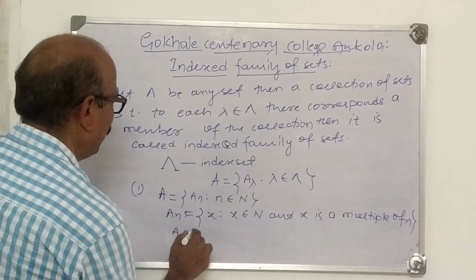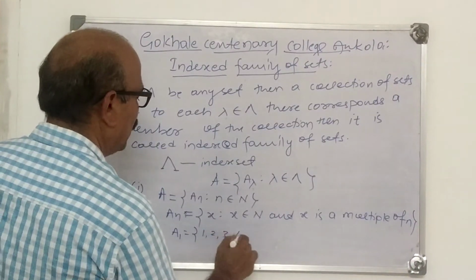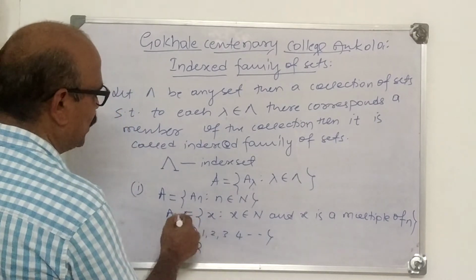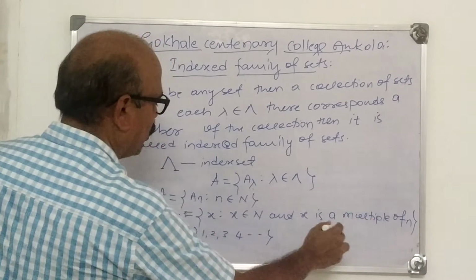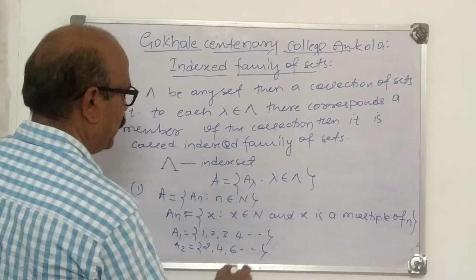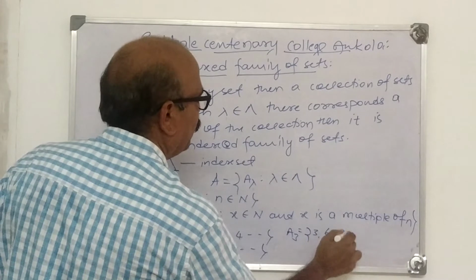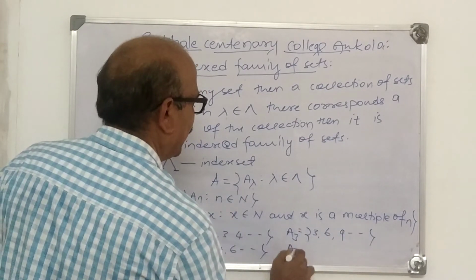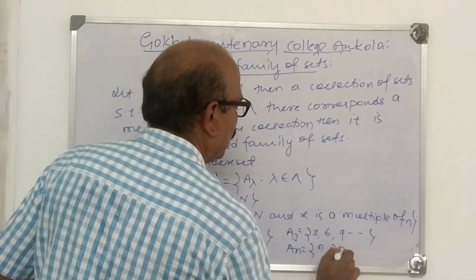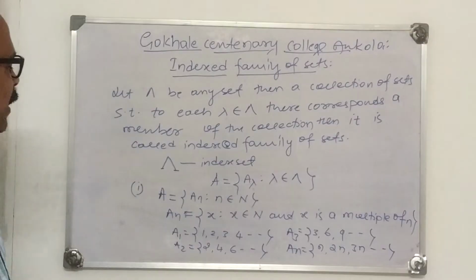Then what is A1? A1 is the multiples of 1: 1, 2, 3, 4, and so on. What is A2? The set of all x such that x is a multiple of 2: 2, 4, 6 and so on. A3 is 3, 6, 9 and so on. An is n, 2n, 3n and so on. So what is A?